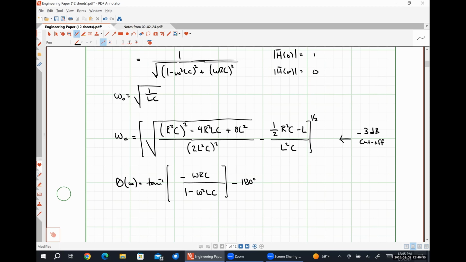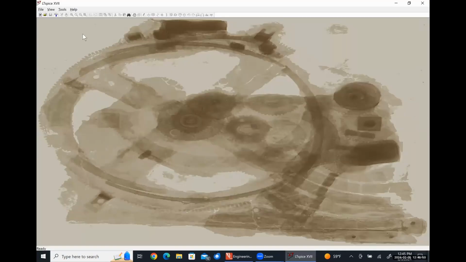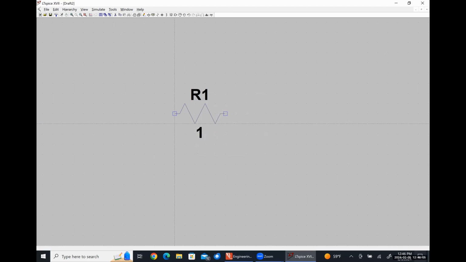So let's just simulate something here and double check some points. Where is my mouse cursor? There we go. So let's just make this wildly straightforward and make everything have a component value of 1.